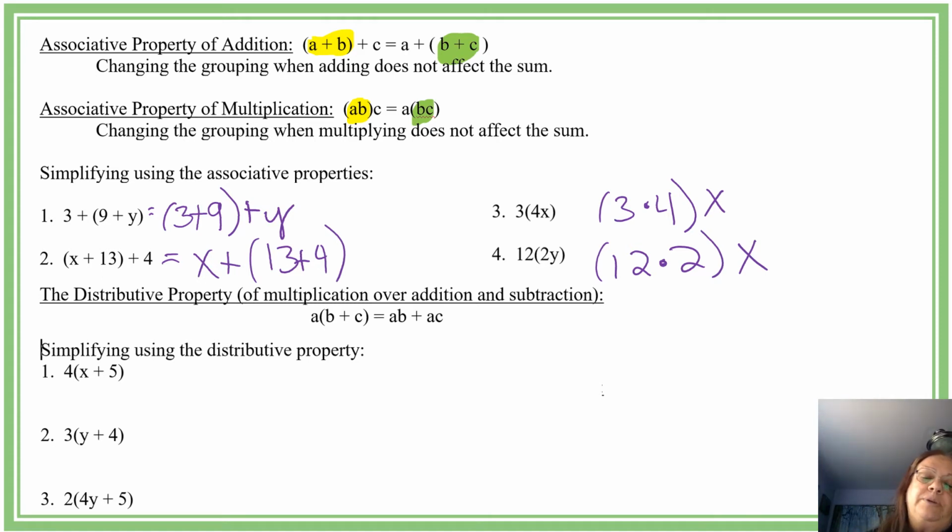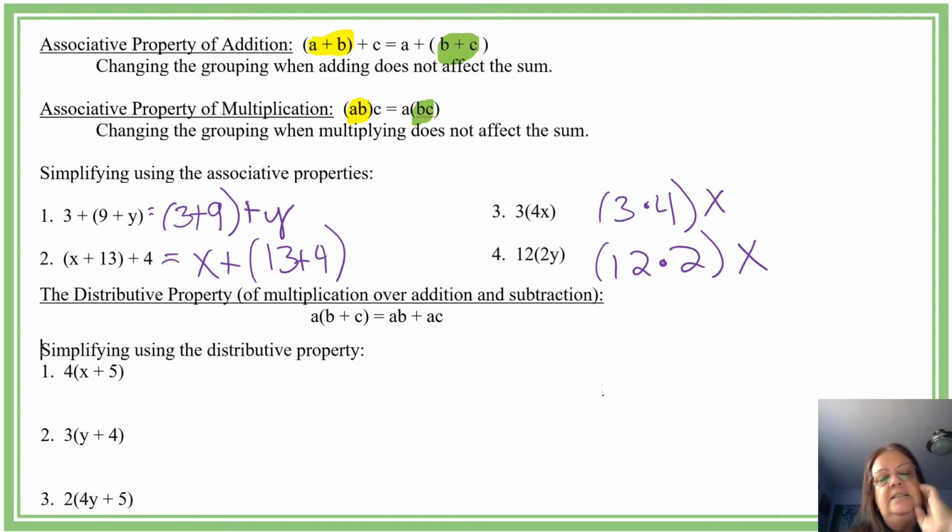Now the distributive property states that I can take multiplication and distribute that multiplication across pluses or subtractions, additions or subtractions.